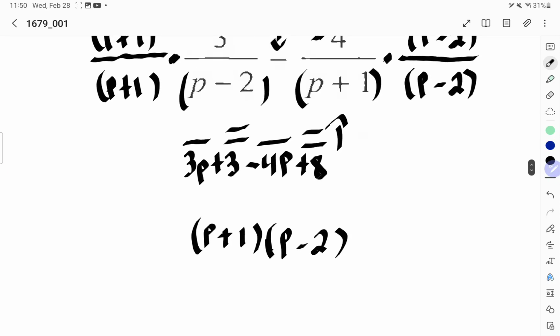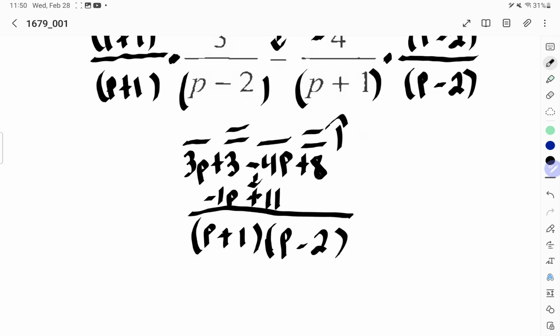Let's go ahead and write my final answer. This is going to simplify as 3p minus 4p, which is negative 1p. And then 3 plus 8 is plus 11. There we go. That's the first one.